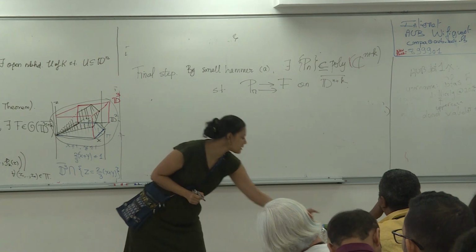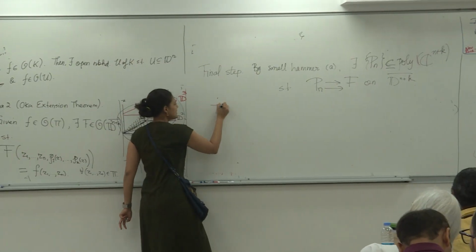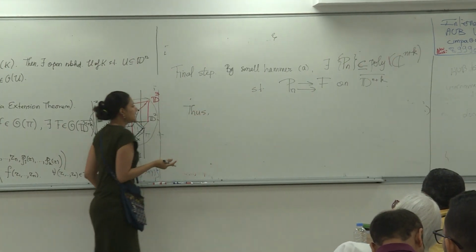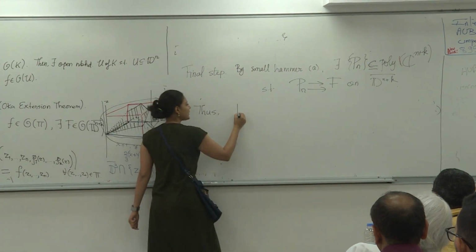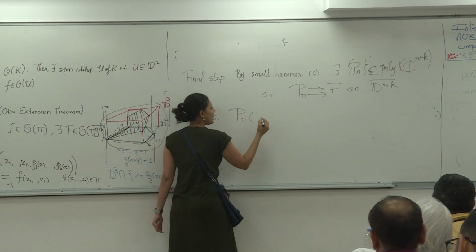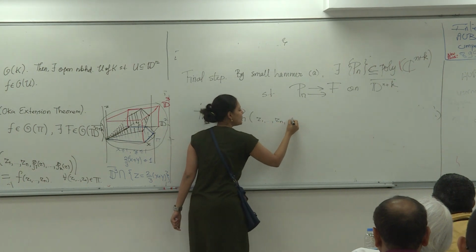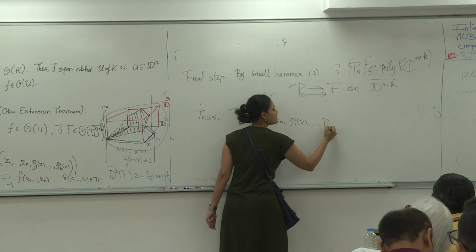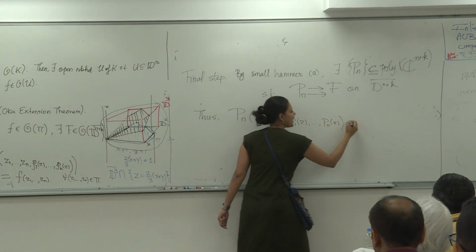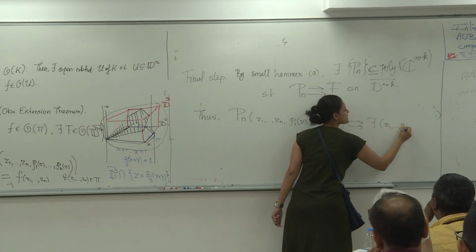So we approximate this guy, capital F. Now this approximation you can just restrict to this slice, right? So P_n(z1 to zn), what does it mean to restrict to that slice? It just means I'm doing this. That converges uniformly to F restricted to that slice.